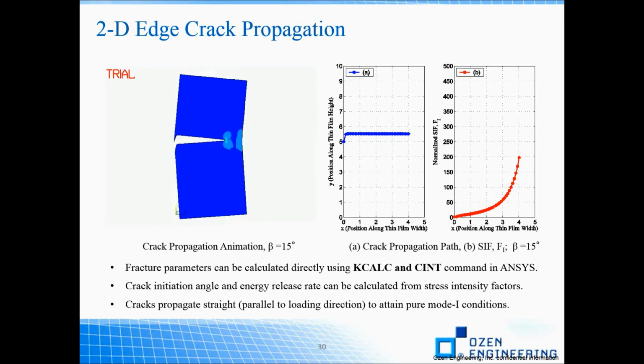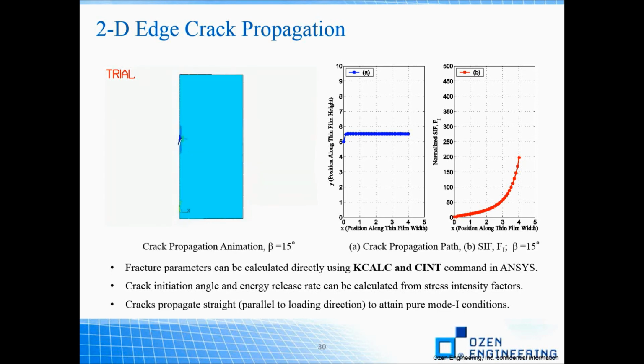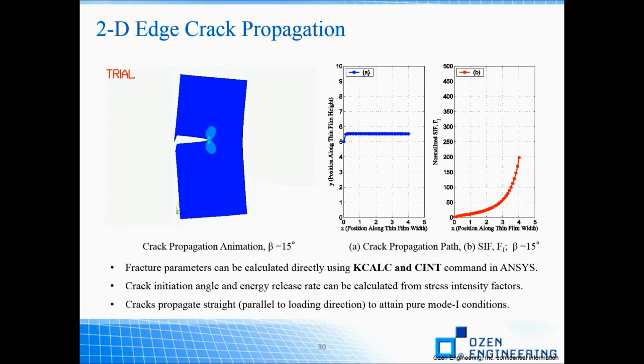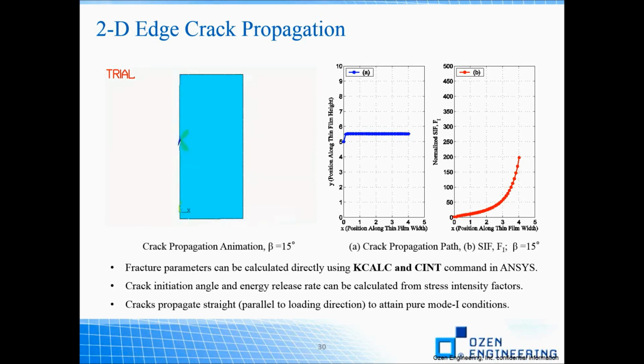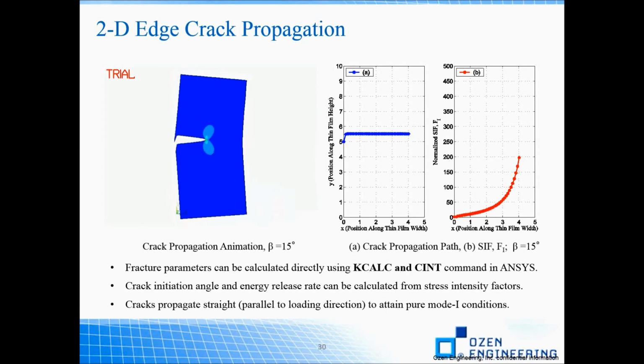The crack initiation angle and the energy release rate can be calculated with analytical relations using stress intensity factors, as we have seen in the definition of the energy release rate. So there was one specific slide if you recall. And the cracks are propagated in the maximum tangential stress direction, i.e. the direction parallel to the loading direction, to attain pure mode 1 opening conditions.